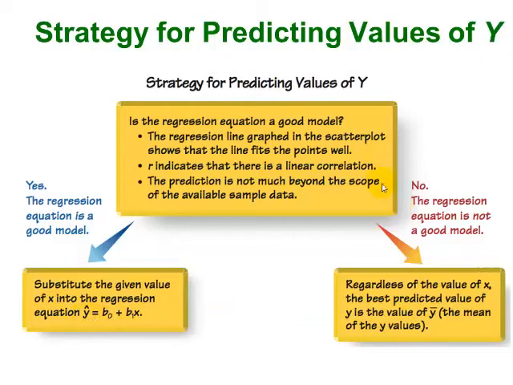If the answer to any of these is no, then our regression equation is not a good model, and in that case it doesn't matter what our x value is, because our best predicted value of y is just going to be the mean of the y values.